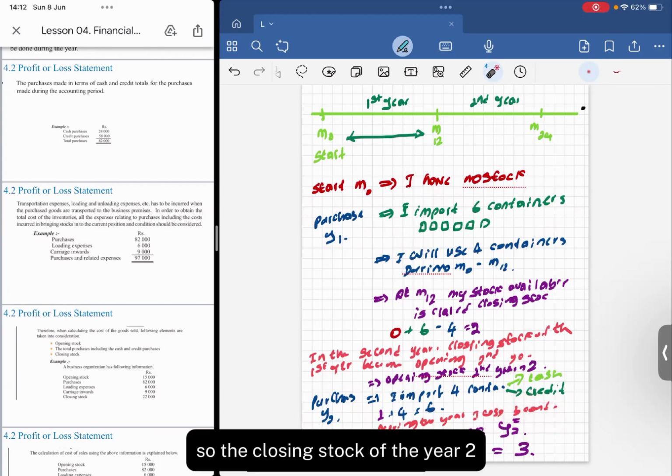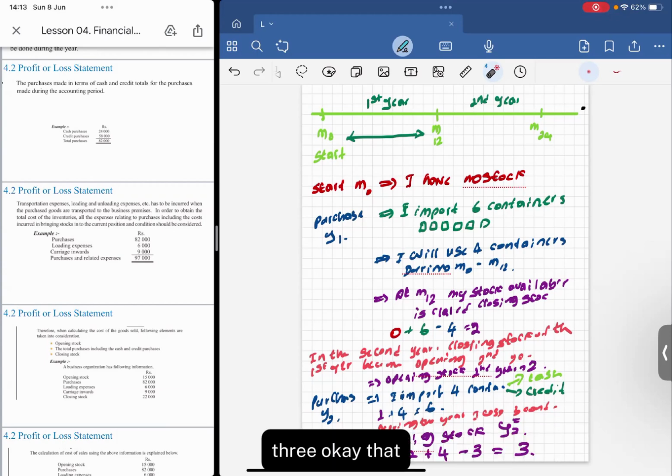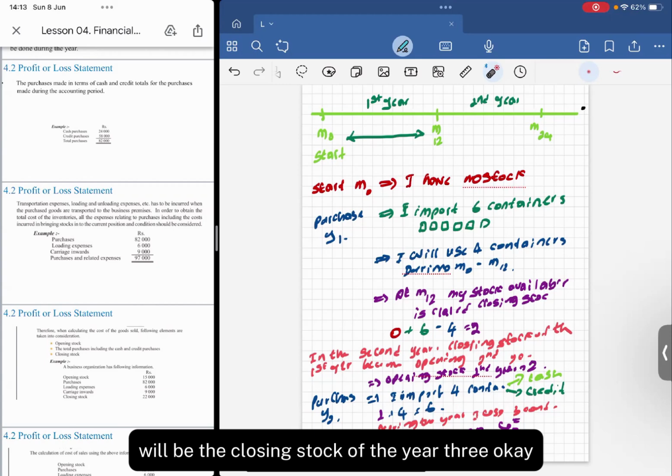So the closing stock of year 2: you started with 2 containers, then imported 4, and used 3, so the closing stock will be 3.